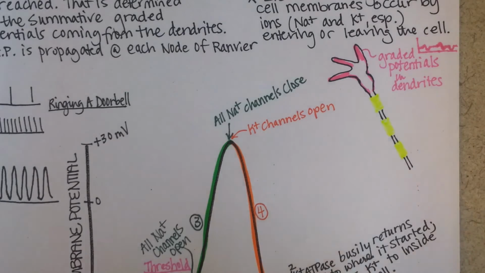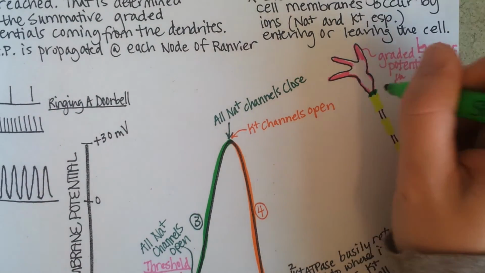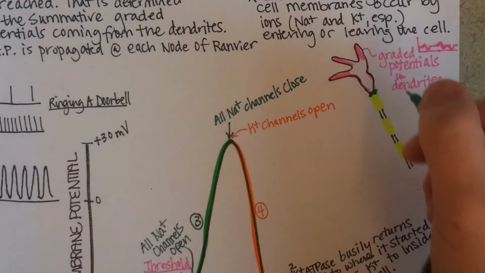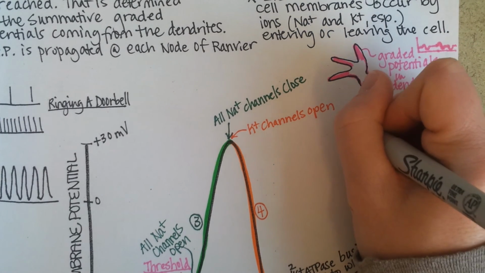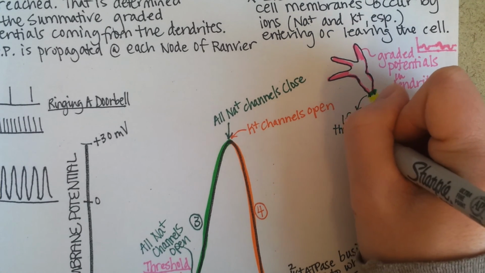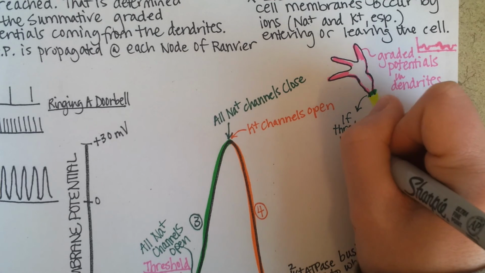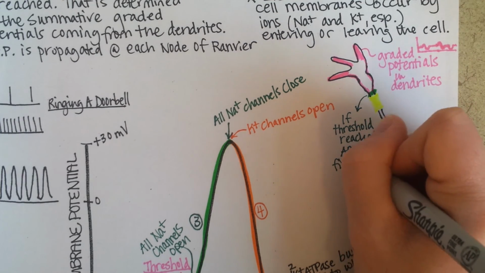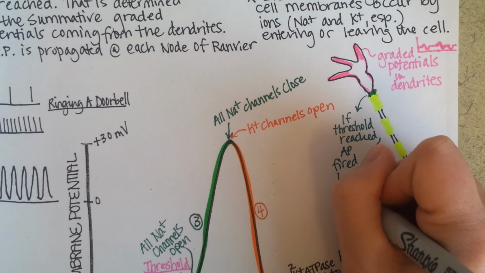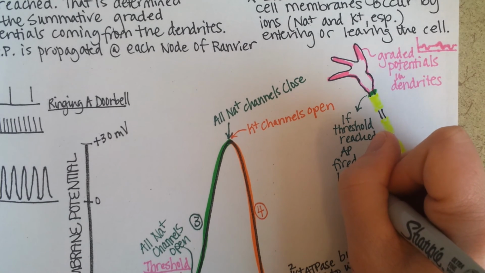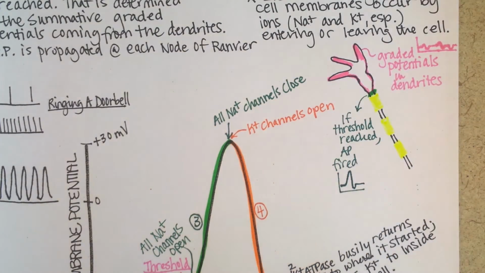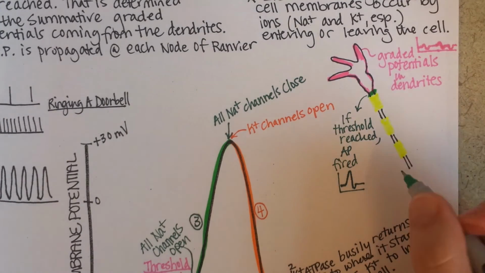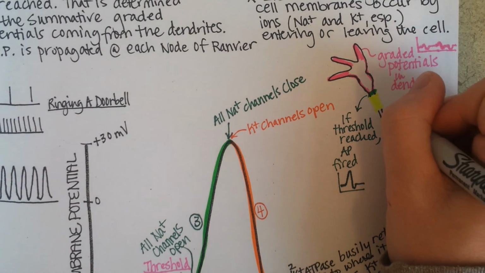And why don't we just use green there. If threshold is reached, an AP is fired. But it also goes back to normal. And then at each one of these, you get propagation again.